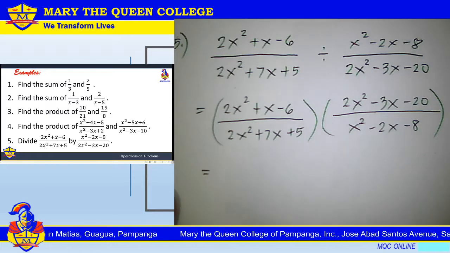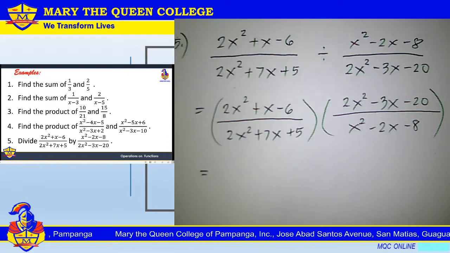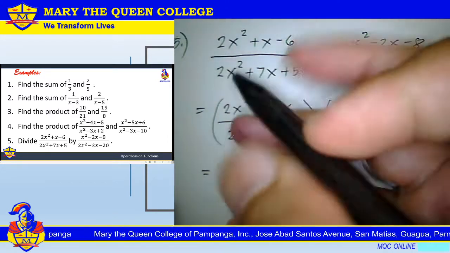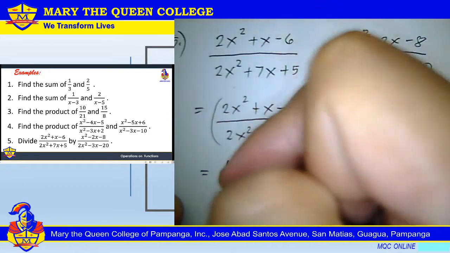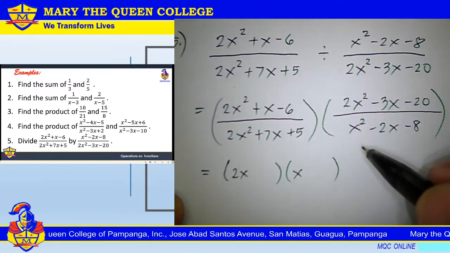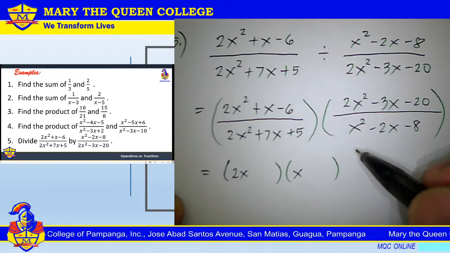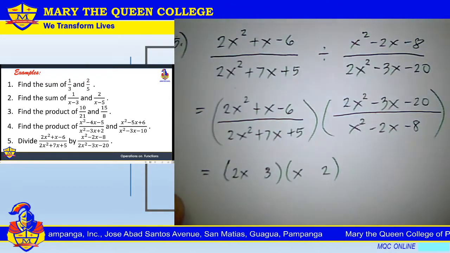So, the factor of 2x squared plus x minus 6 would be, ang factor po nito we have, okay, of course, we have 2x times x para makuha natin yung x squared. And then, what are the numbers para makuha natin yung 6? So, we have 3 times 2.